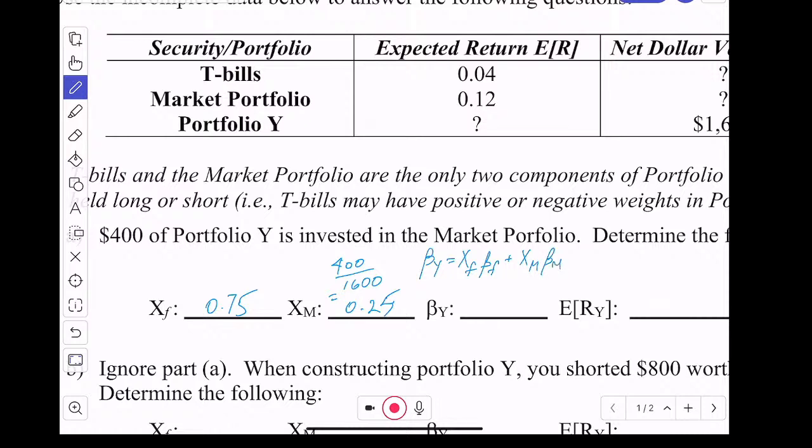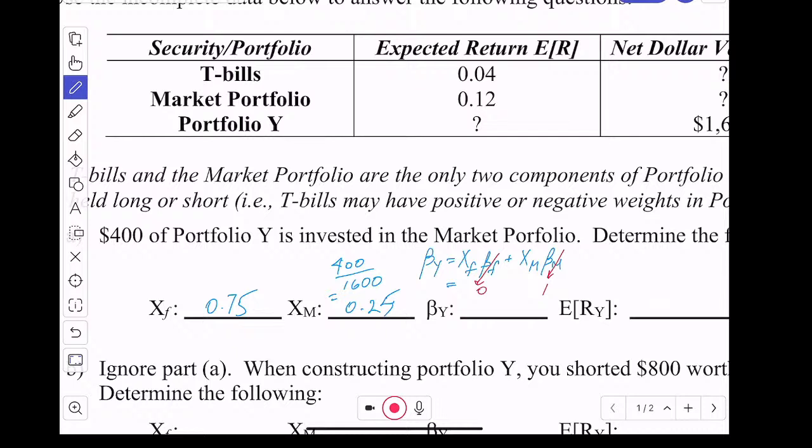Now this simplifies because we know that this is 0, let me be a little more explicit here, this is 0 and this is 1.